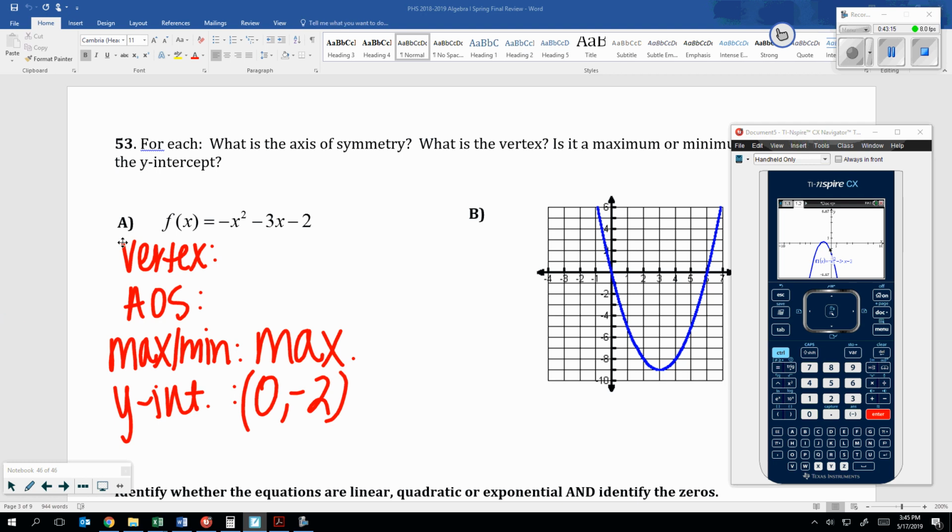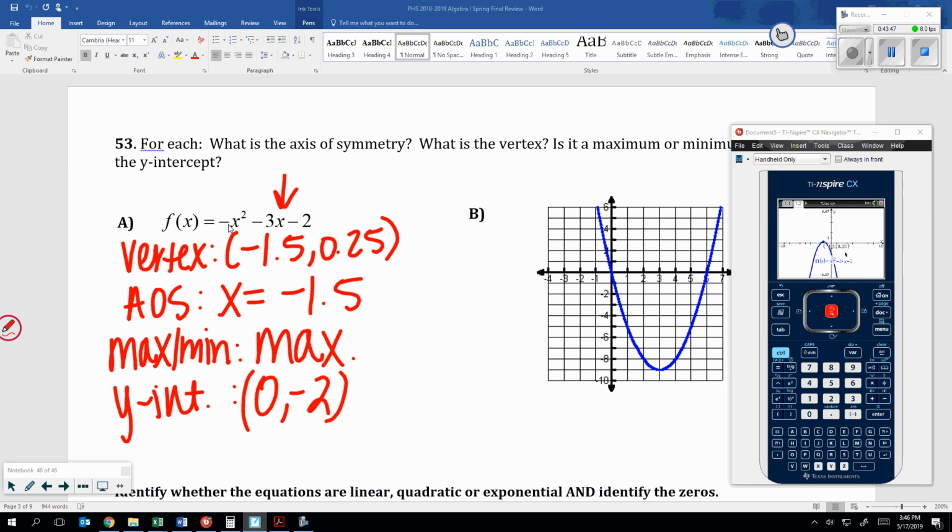So if we go to menu 6, analyze our graph, and we want to know the maximum point, so 3, anywhere to the left or right, we see that it is -1.5, 0.25. Now, for the axis of symmetry, we don't have to do anything else because we know that our axis of symmetry is just the x value of our vertex, which is x equals -1.5.